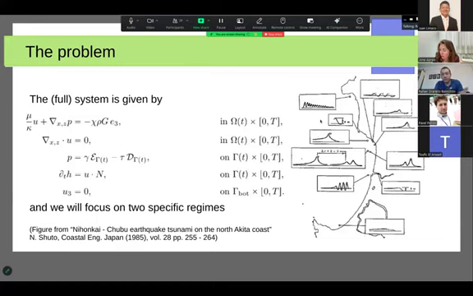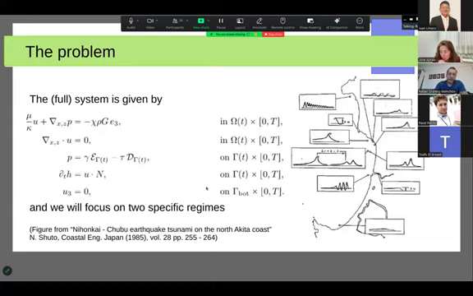So the full system will be the same, and we want to focus on two of these particular regimes. Roughly, the idea is that we are going to find and study simplified equations that accurately capture two of these pictures.